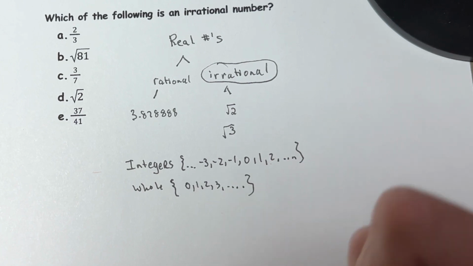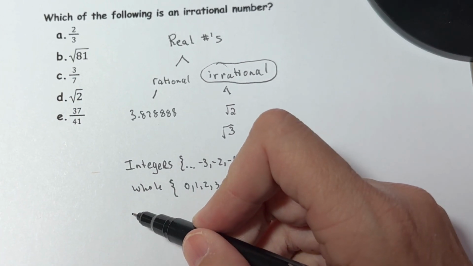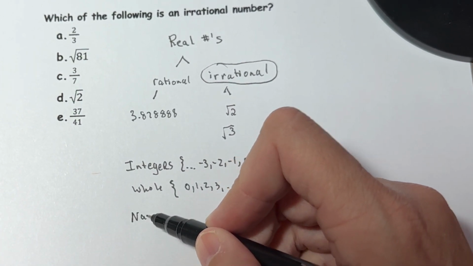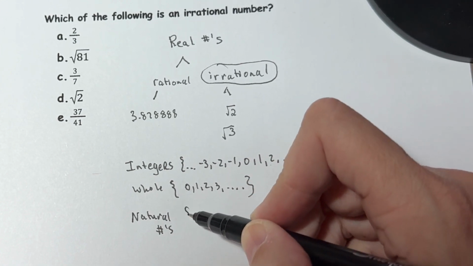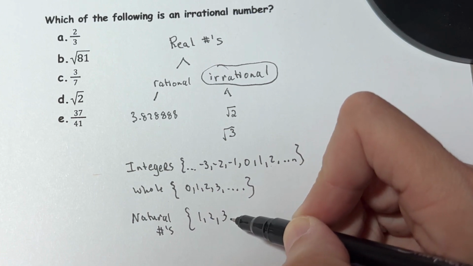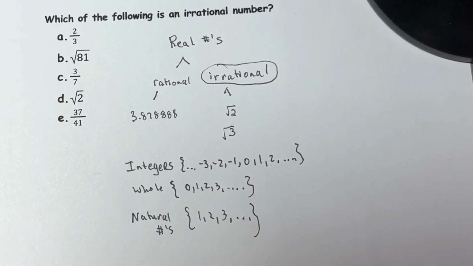So it's just your positive integers. Your counting numbers, which are also called your natural numbers, are very similar to whole numbers, except it doesn't include 0. These would be just good to know.